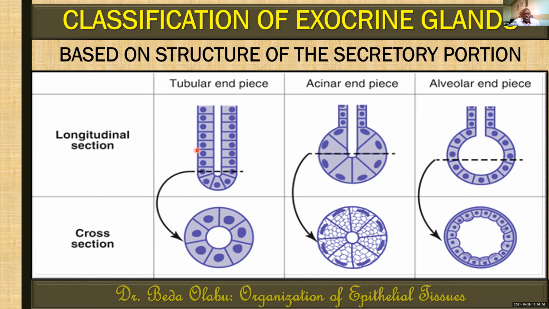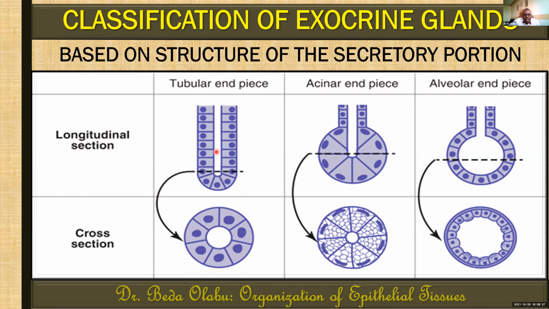If the secretory portion appears like this, then we call that a tubular gland. On histology, this is what you'll see. In cross-section, this is what the microscope will show you. It will be a tubule that has been cut in cross-section. You may be very lucky if you capture it in the longitudinal section, of which it will then be straightforward. But this is what you'll see in 2D most of the time.